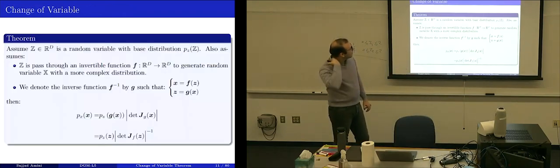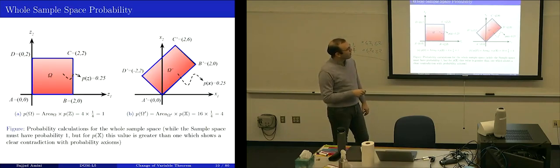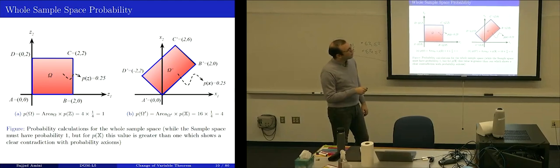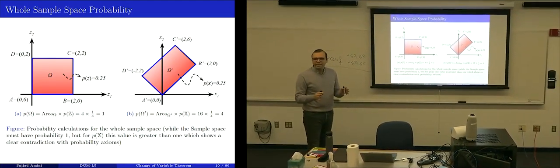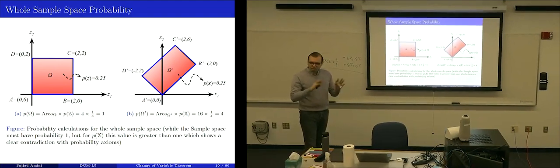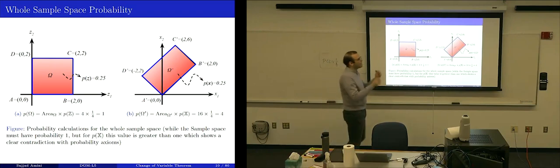So we want to talk about the change of variable. Change of variable is the technique that helps you understand what the distribution is in your target space. We know that the simple correspondence is not working. Why? Because you have a change of density.